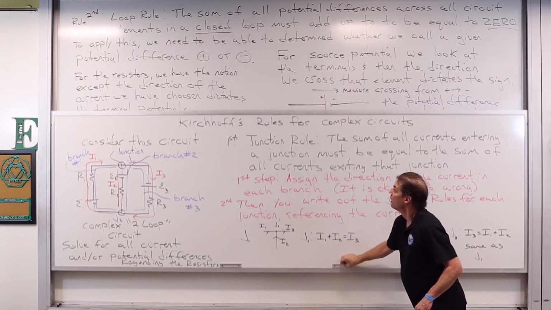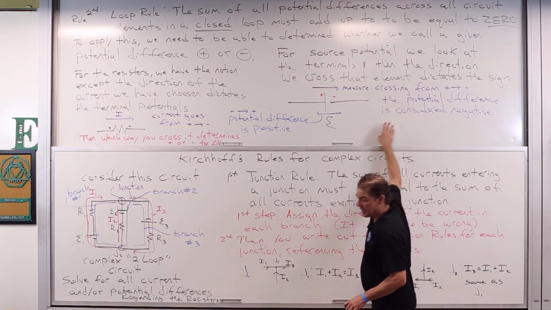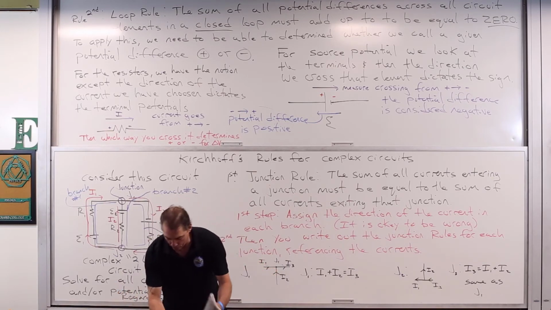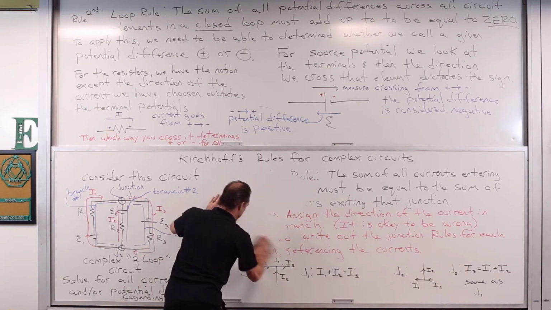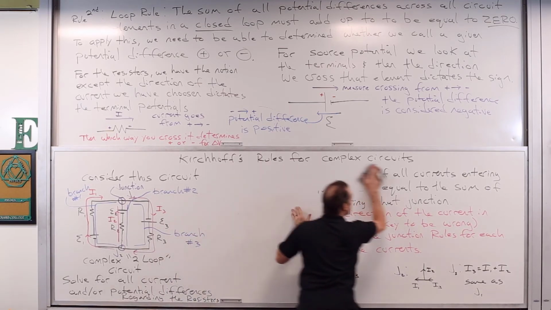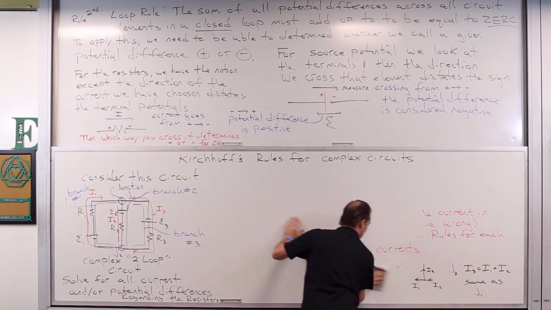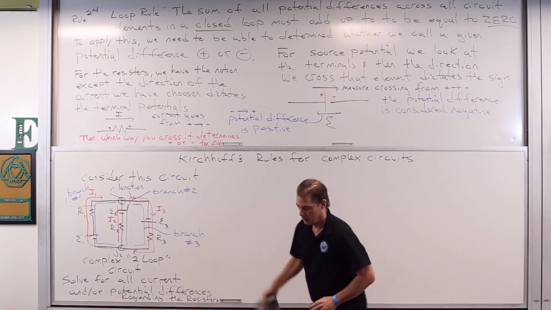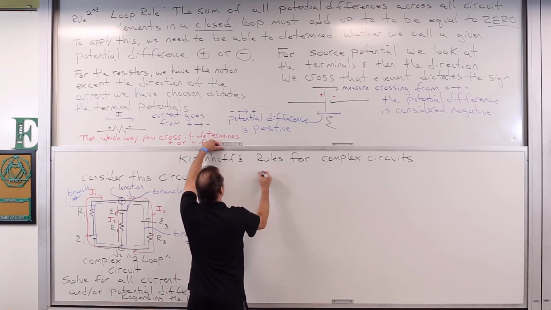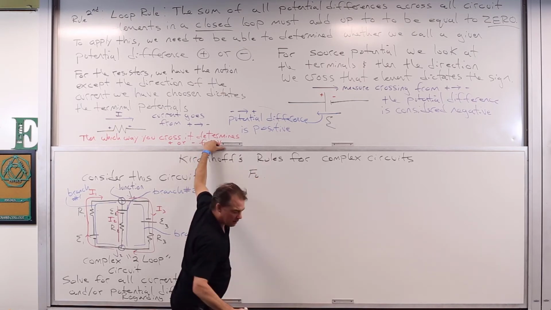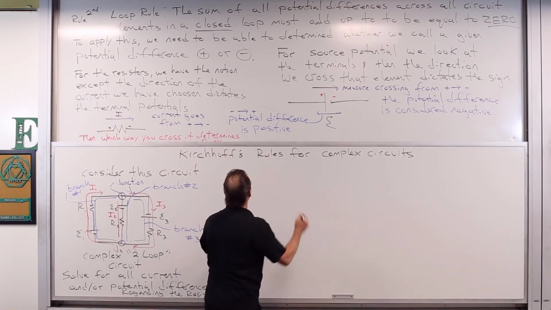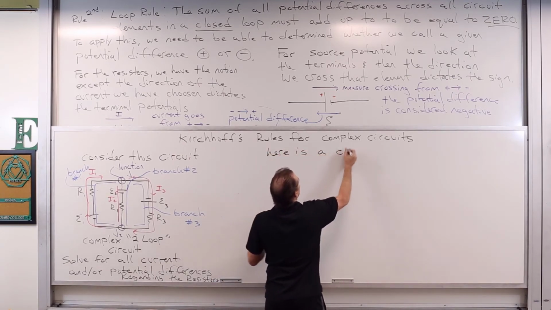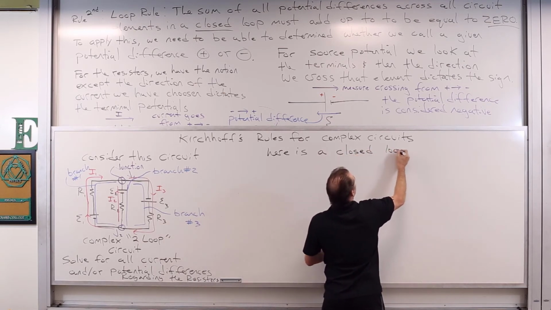So those are some things that we need, because when we have the loop rule, we need to be able to employ it in a proper manner. So erase this. Here is a closed loop.